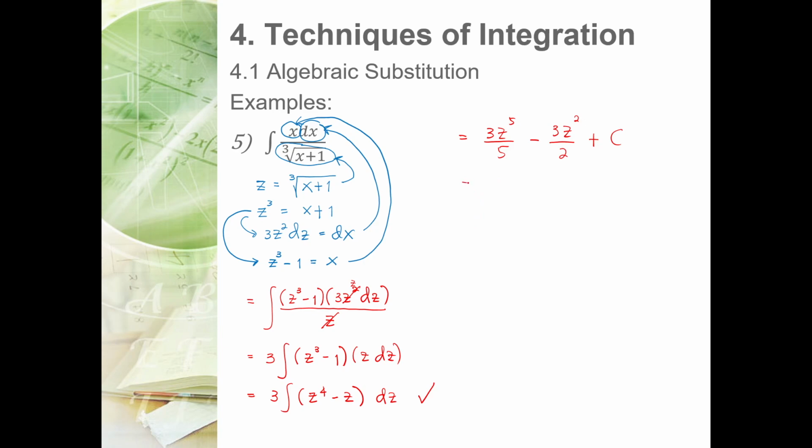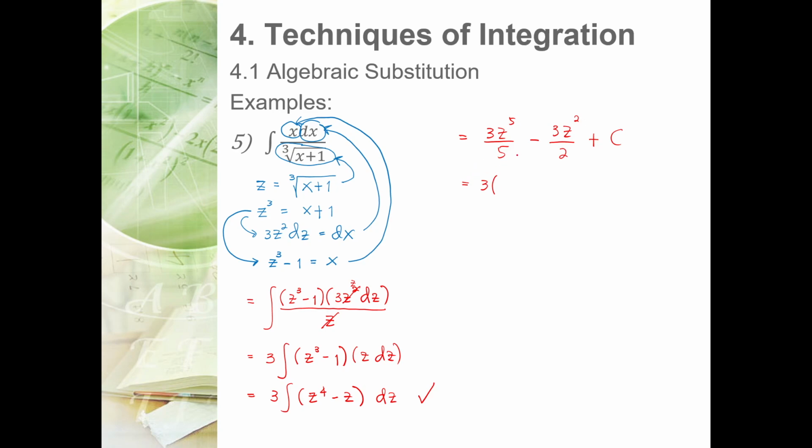Again, don't forget to bring back the value of your z variable. In my practice, I like writing the radical terms in exponential form because I hate seeing root functions.